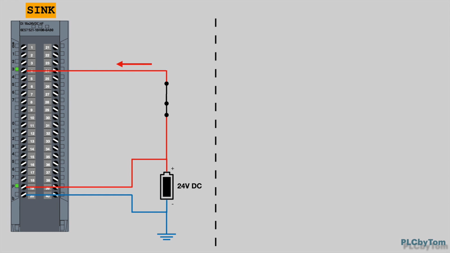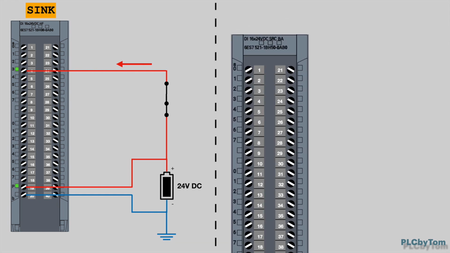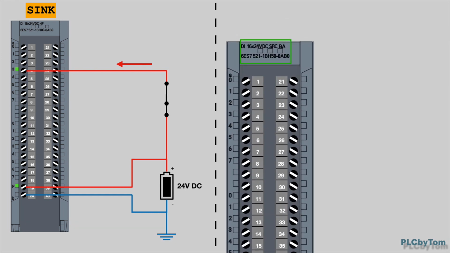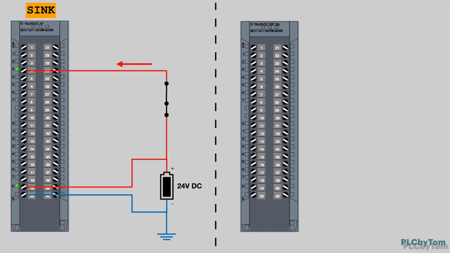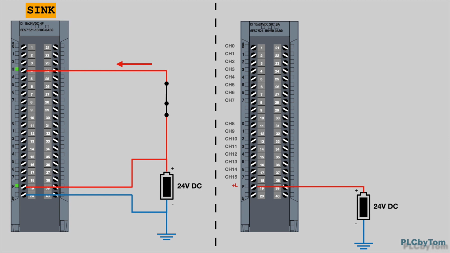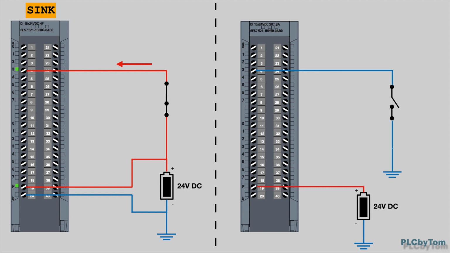There is also another type of digital input module, and due to this, there is a different wiring connection. Once the switch is activated, current flow direction is from channel to sensor, so this module is source type.